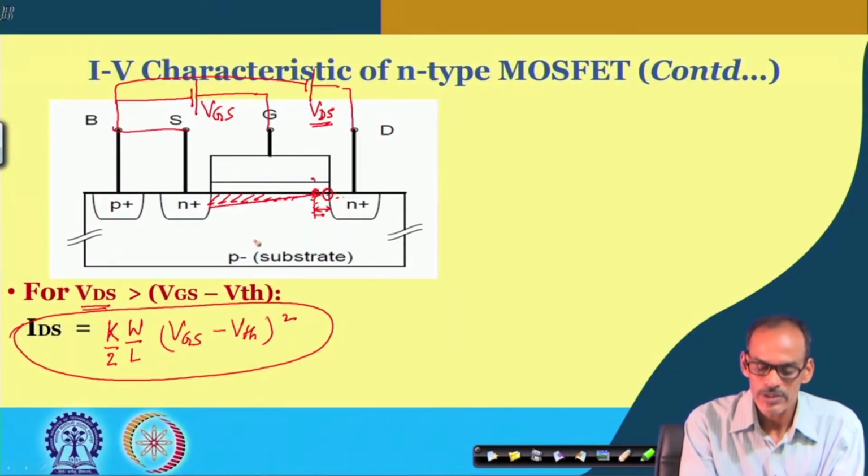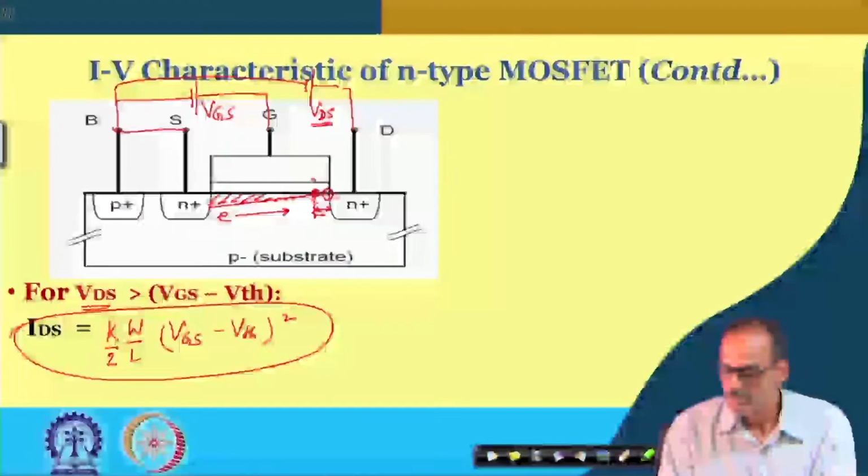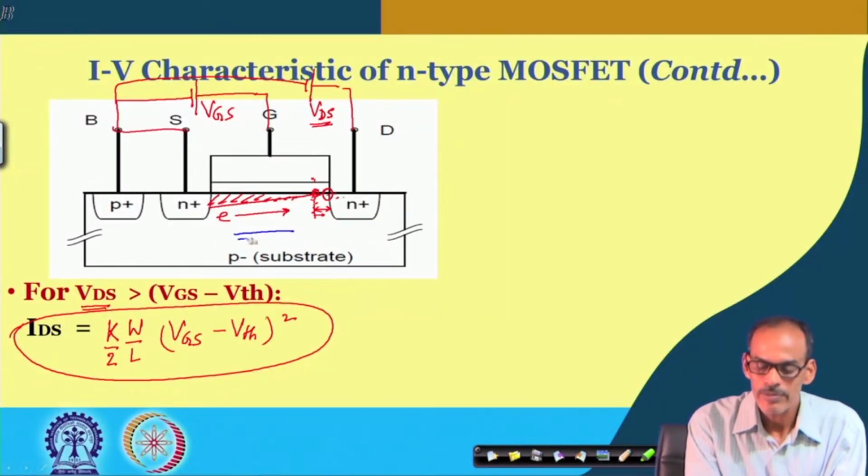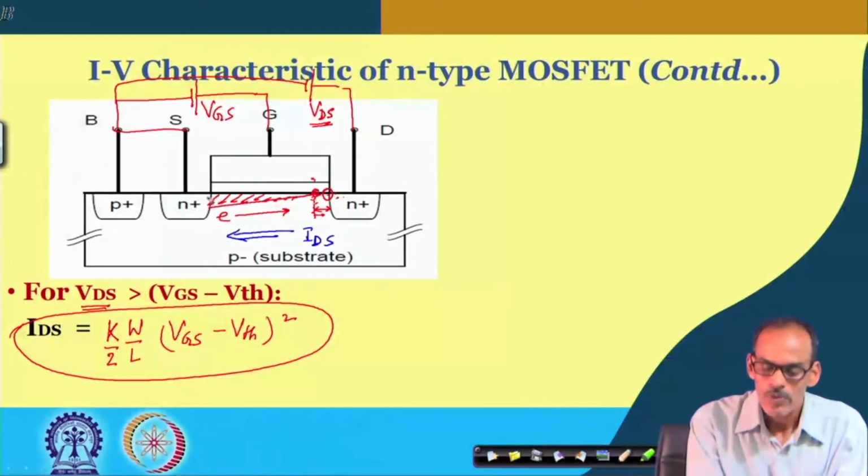As a result, while the electrons are moving in this direction, the total current IDS is defined by the current flowing through this device, and now the device is getting modified, namely its length is getting shortened.